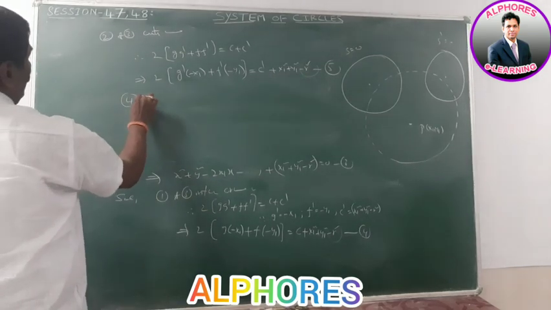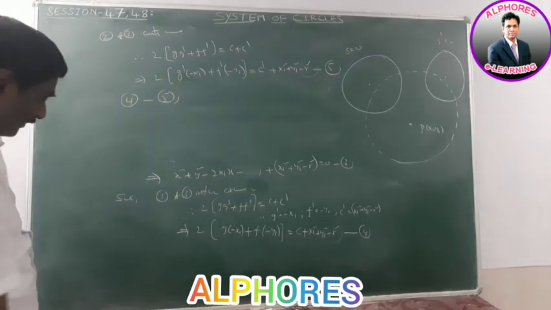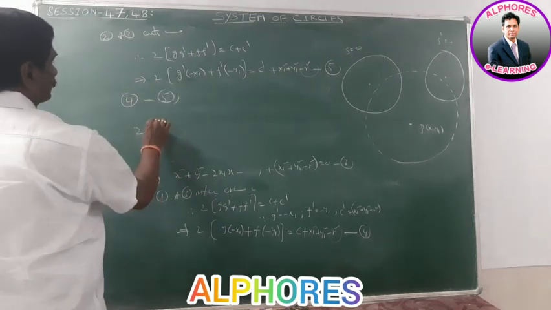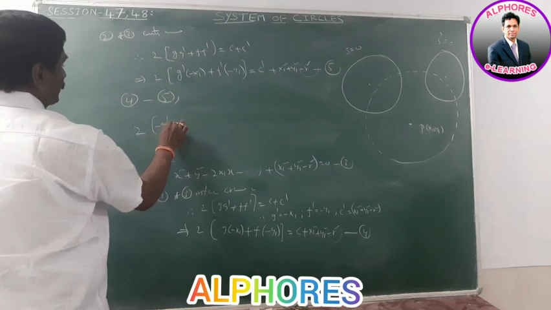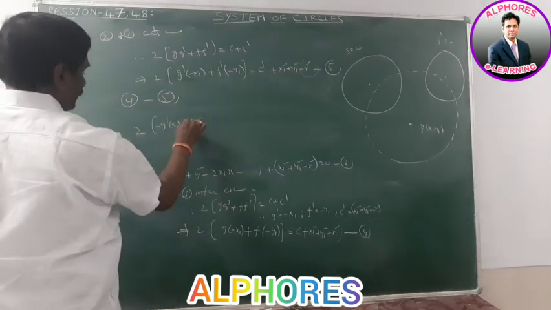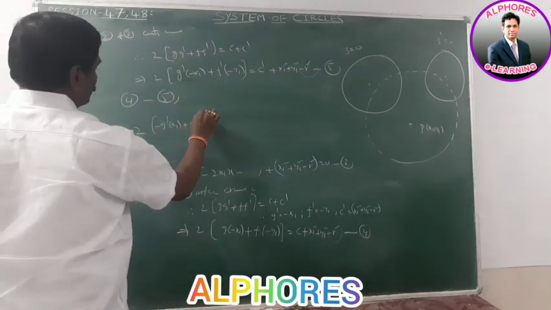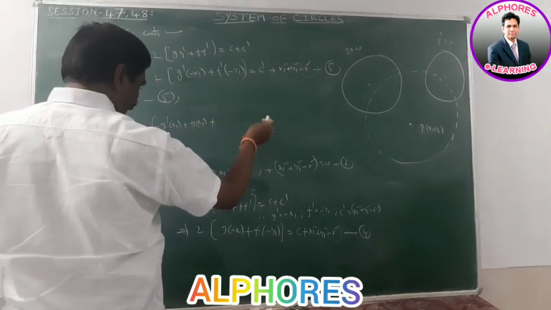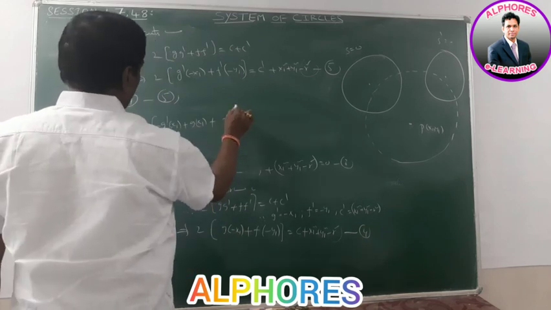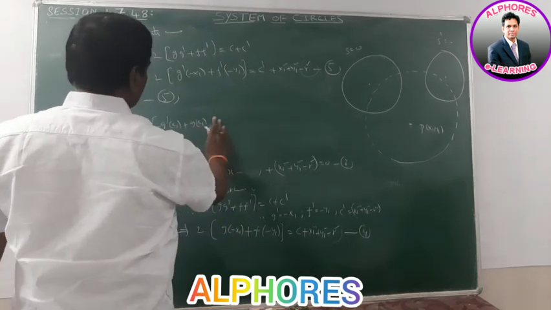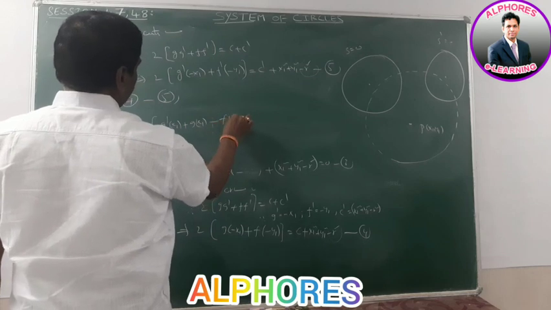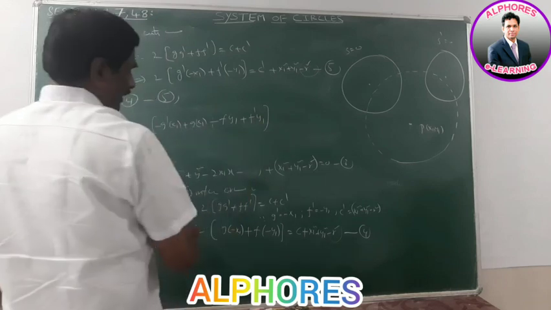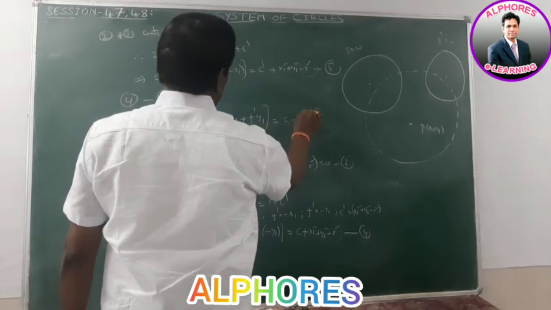Subtracting 4 minus 5: 2[(g − g')x1 + (f − f')y1] = c − c'.